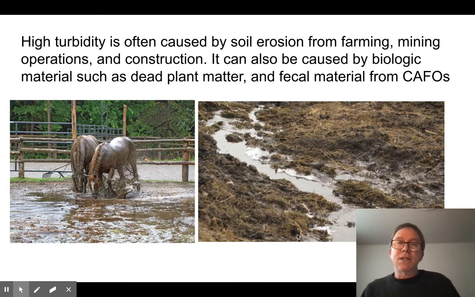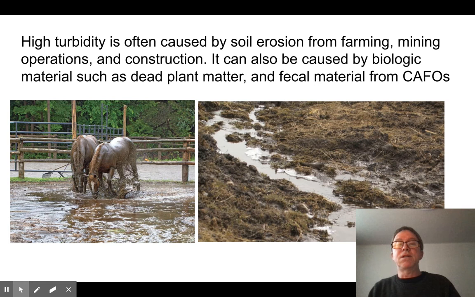Now, what causes it? Remember, it can either be mineral particles, basically muds, or it can be biologic particles. It tends to come from soil erosion, which is one of the main causes, and that can be from bad agricultural practices, mining operations, construction sites, anything that exposes bare soil with no vegetation on it.